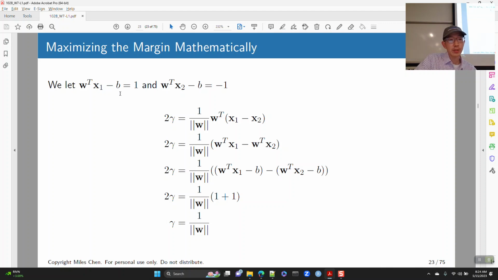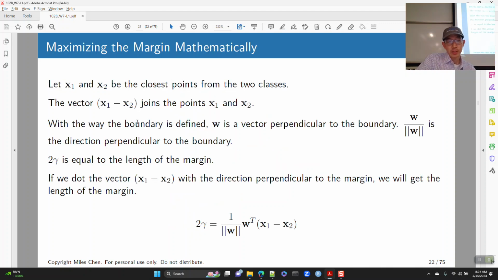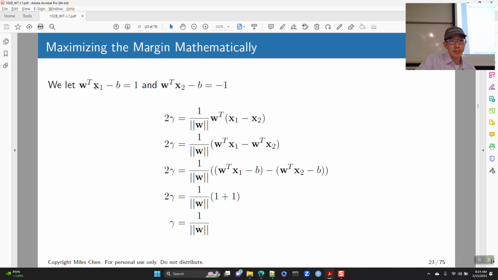Okay, and so remember, we've got one distance over here, right? W transpose x1 minus b is equal to 1, and then x2 is on the other side, so W transpose x2 minus b is equal to -1, okay? Then I can expand this out, and I'll have W transpose x1 and W transpose x2, and then I can add a negative b and a positive b, and this is still equivalent, right?